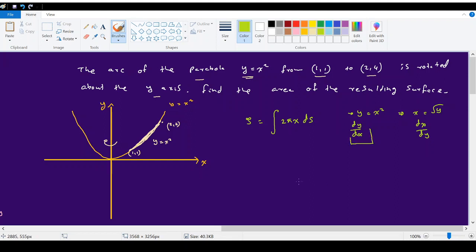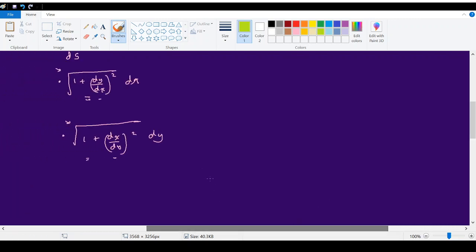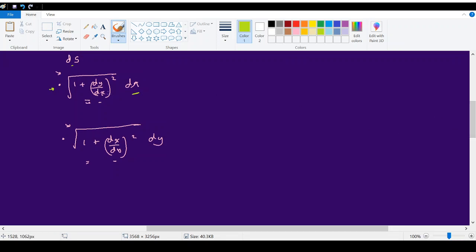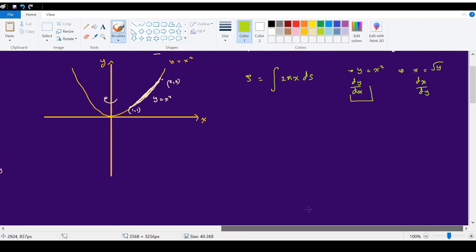To start the problem, I'm choosing this one as my ds. Remember, it comes with a dx term, because we are differentiating with respect to x, and also we need to integrate with respect to x. Now we have 2 pi x, and remember this will not change no matter what type we use for ds.